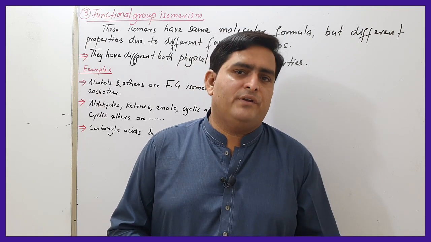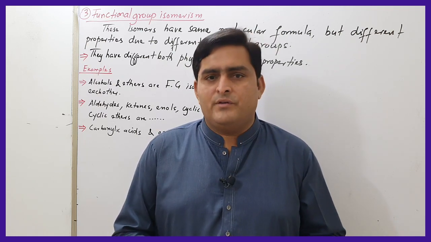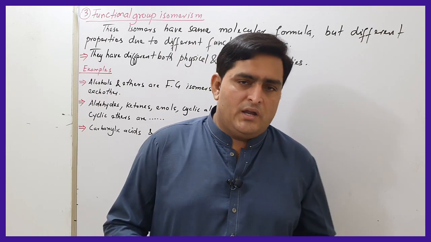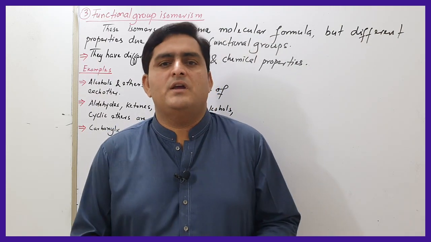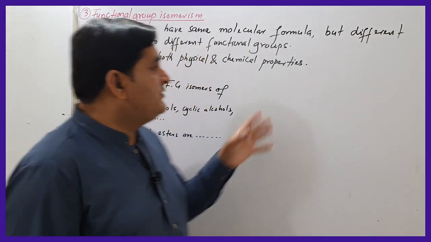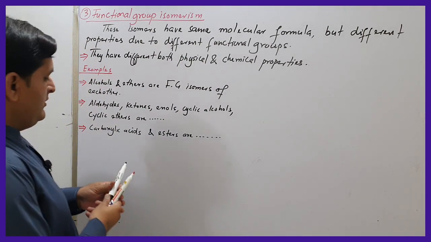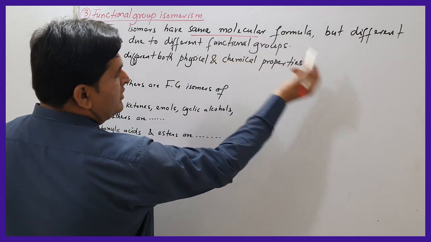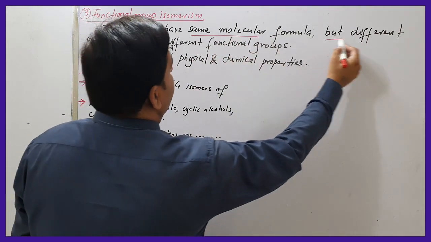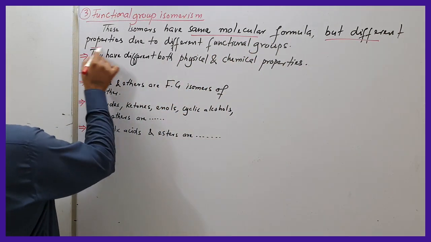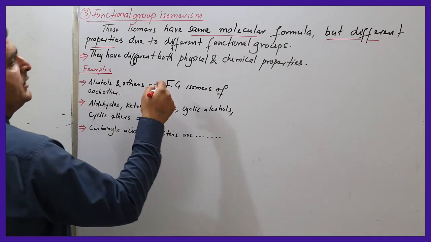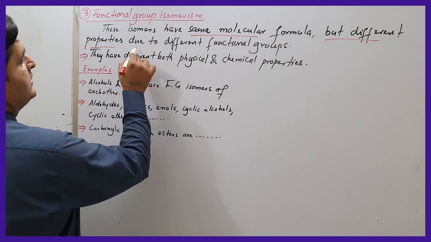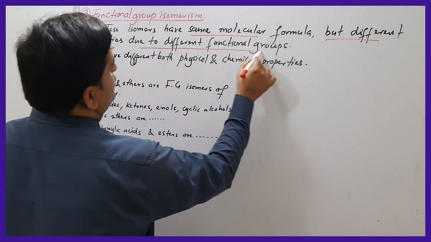Normally isomers differ in physical properties because the carbon skeleton and chain change; in other words, their surface area has changed. But in functional group isomerism, these isomers have the same molecular formula, which is common in every isomerism, but different properties, which is also common. This difference is due to different functional groups.